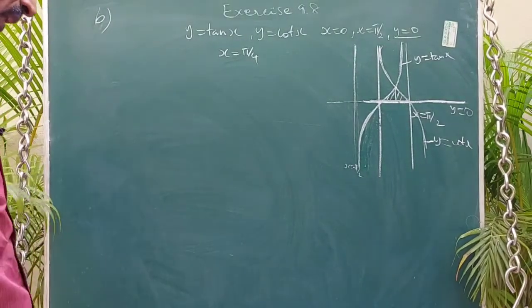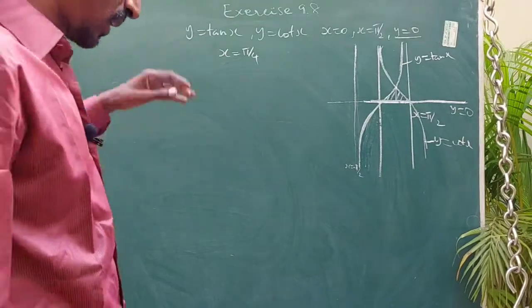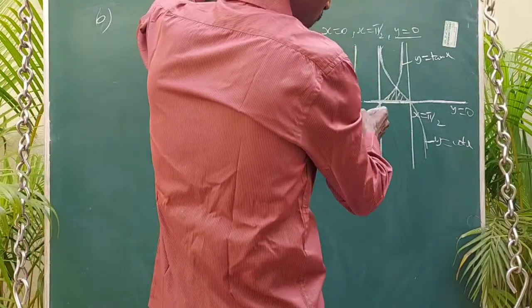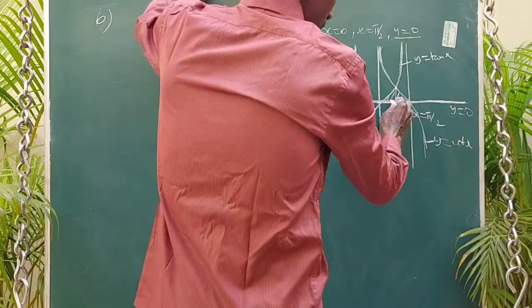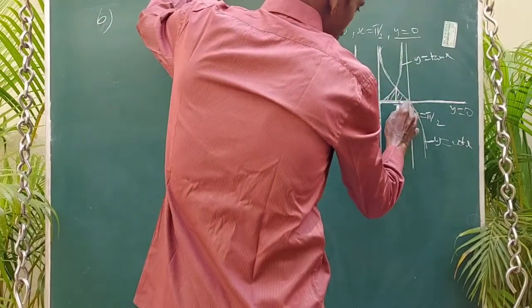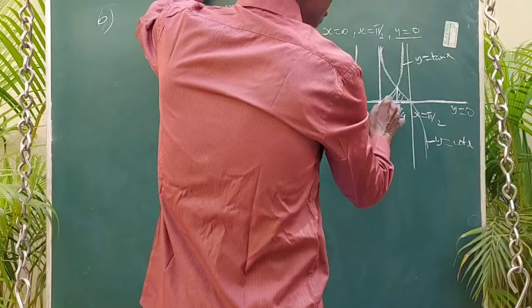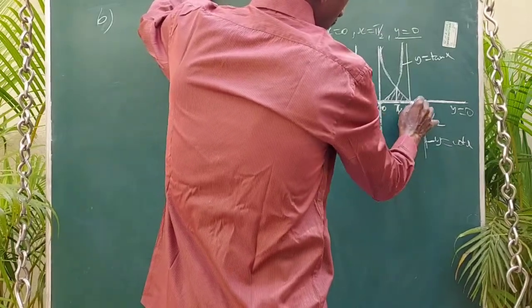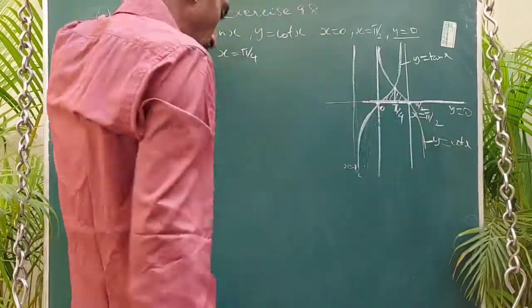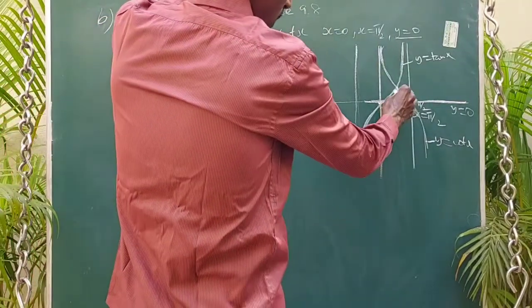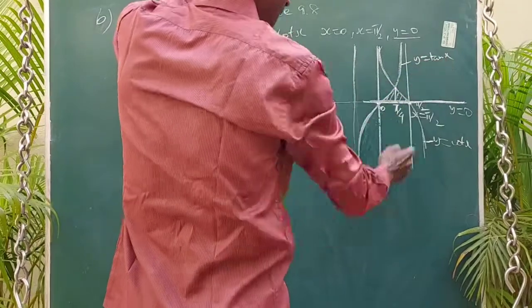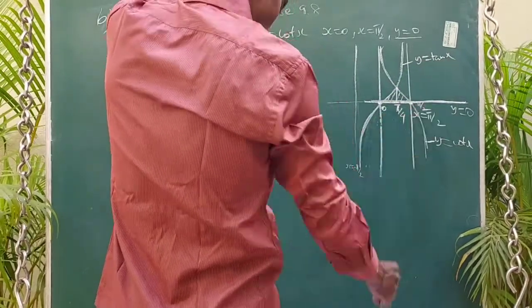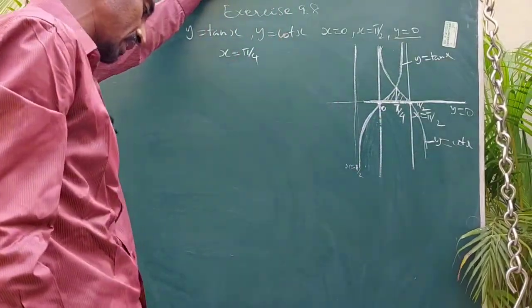Okay, and in this question we are not going to apply above, below, right or left. Listen, this is 0, this is 45 degree, and this is 90 degree, pi by 2. So look here, from 0 to 45 we are going to consider only the tan x curve, and from 45 to 90 only the cot x curve.